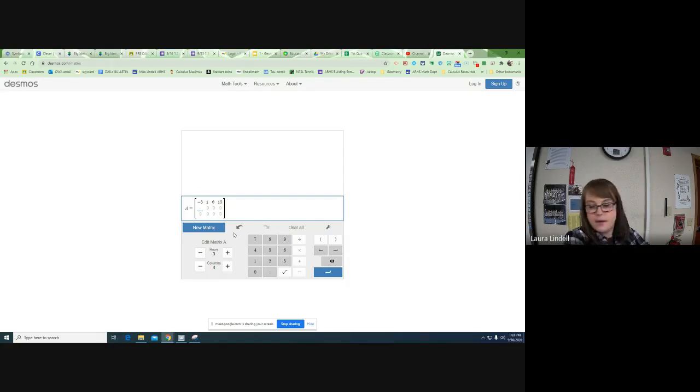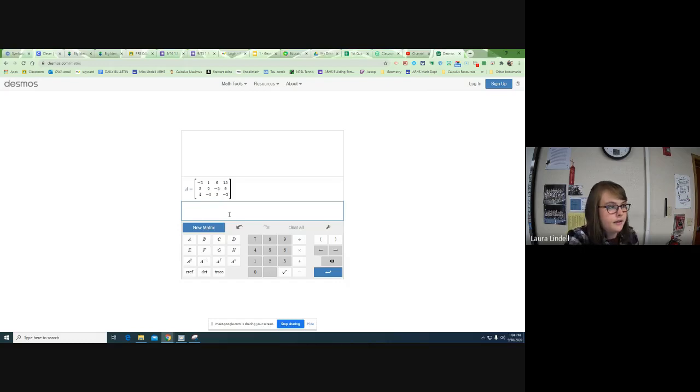And then we'll keep typing in the rest of our numbers. So we had 2, 2, -5, 9. And then 4, -5, 2, -3. That's what our matrix should look like. And then once you type your last number, hit enter. That should make all of the buttons pop up again.